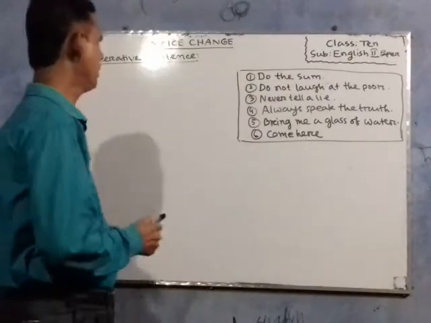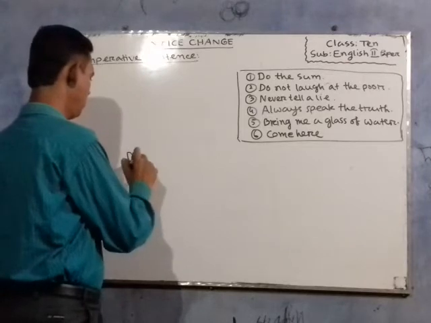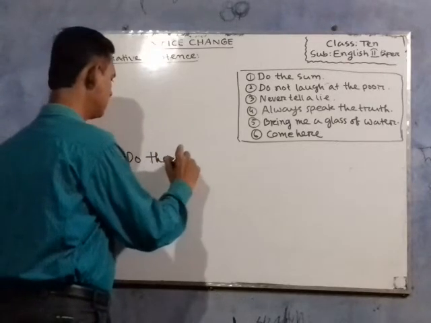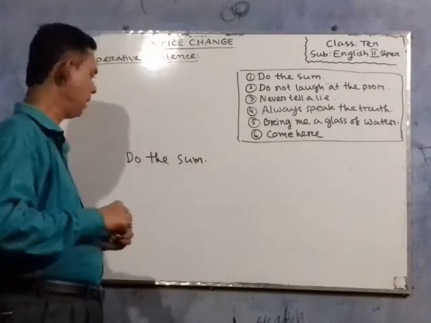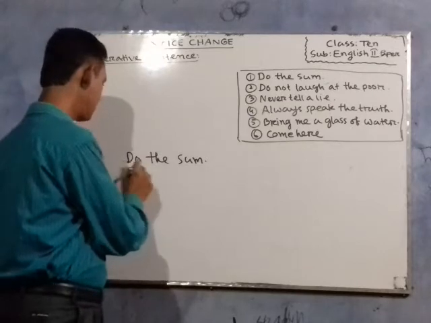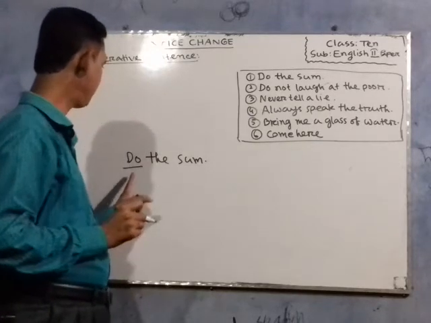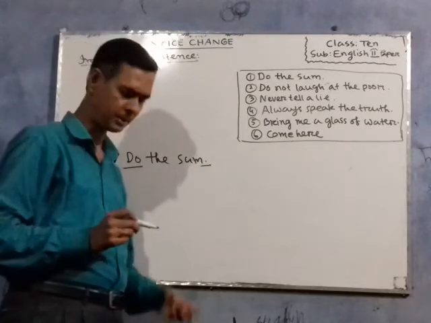Dear student, first example: Do the sum. You know that at the beginning of the sentence here, a principal verb is given, and at the end of the sentence, a full stop is given.